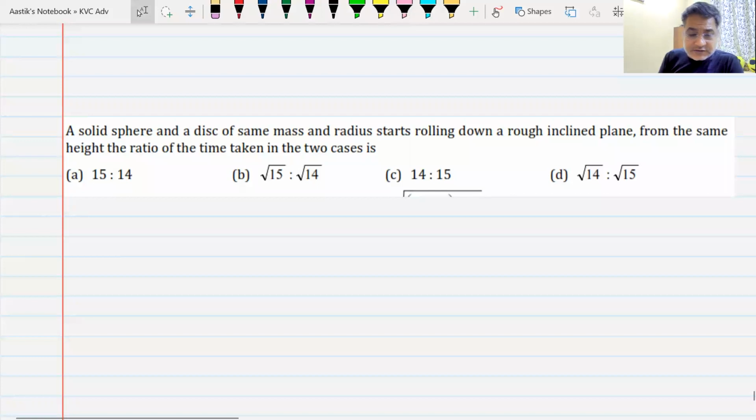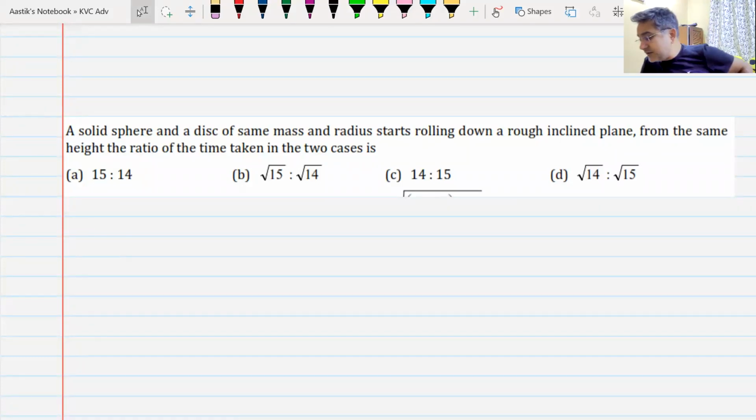Next one, do it fatafat. A solid sphere and a disk of the same mass and radius start rolling down a rough inclined plane from the same height. The ratio of time taken in the two cases is.